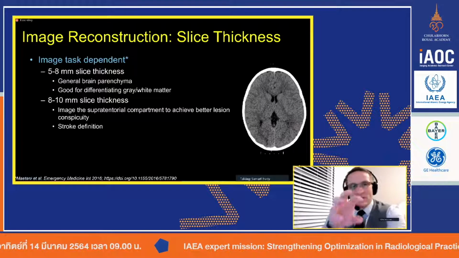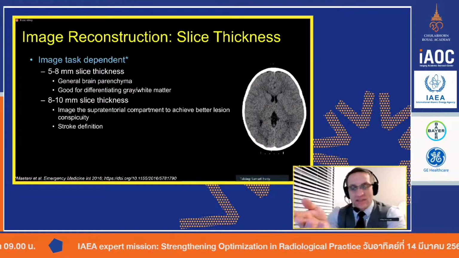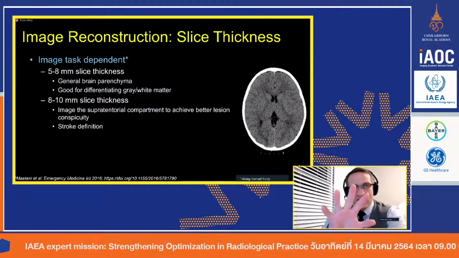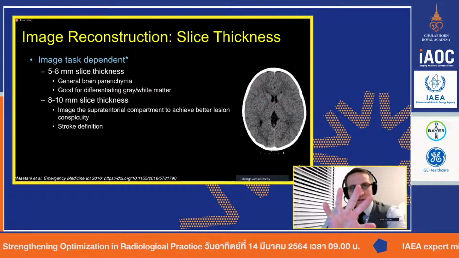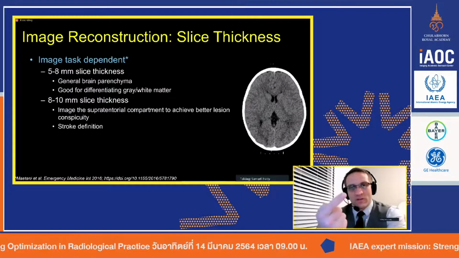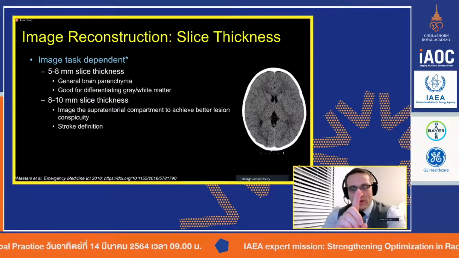Now, the acquisition itself, the mA, the kV, the dose to the patient, that all is the same. It's just different indications. So you can create different protocols for different indications, or you can create more of a universal protocol that is just one protocol you have to optimize.